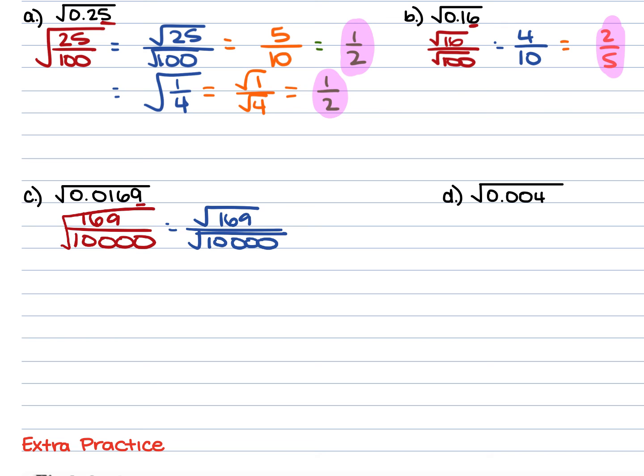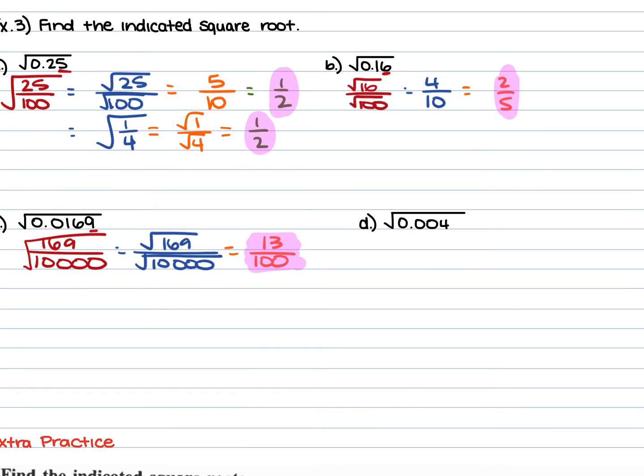The square root of 169 is 13, and the square root of that 10,000 is 100. So we just have 13 over 100 for our answer. For our last example, we have 0.04 underneath that square root. So we're going to be taking that 4. It is in a thousandths place value. So we're doing 4 over 1,000, and that is under the square root.